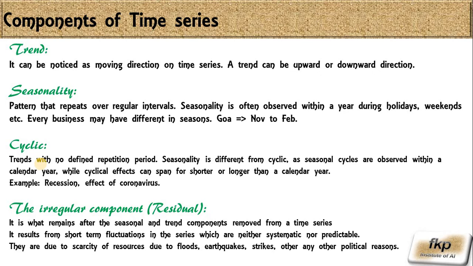The second component is seasonality. Seasonality is a pattern that repeats over regular intervals. Seasonality can be observed within a year, during holidays or weekends, etc. Every business may have different seasons.